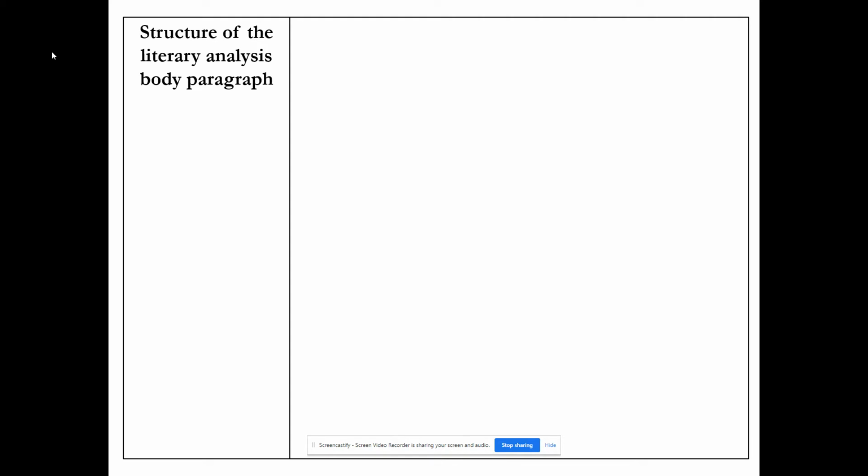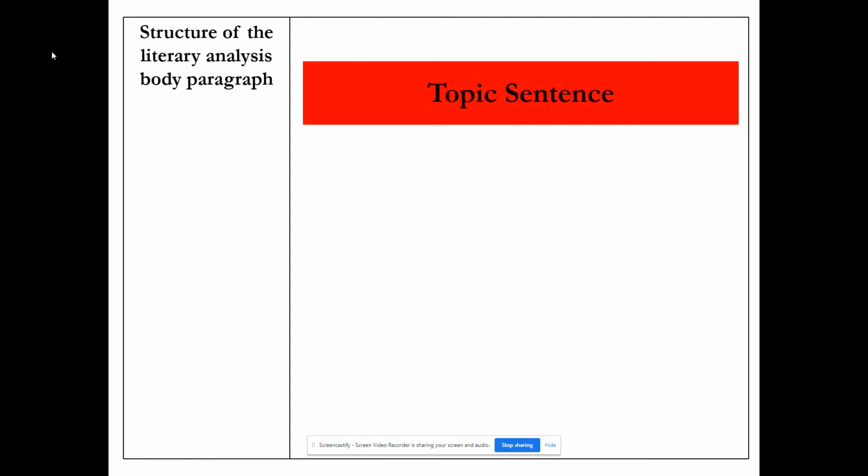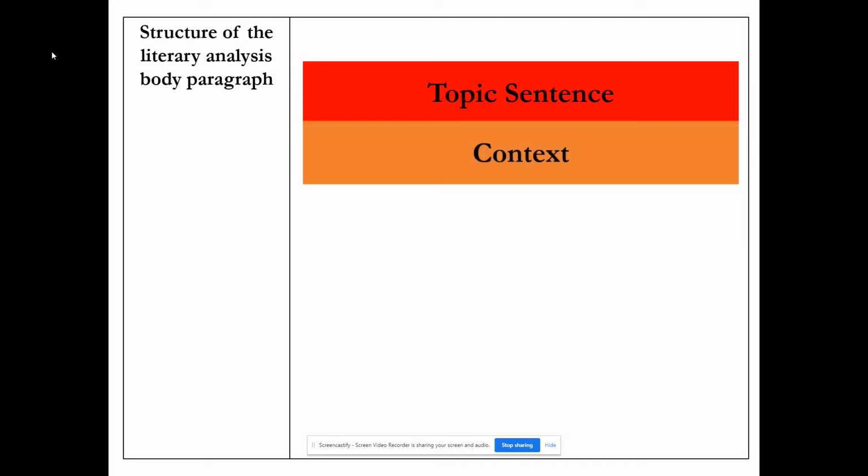Structure of the literary analysis body paragraph. So, each of those body paragraphs that you saw in that overall essay structure is going to have all of these pieces. Those paragraphs should start with a topic sentence. Those topic sentences will have a really specific structure that we'll go over. Then context for a quote.